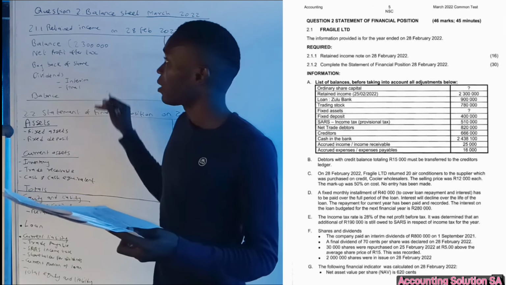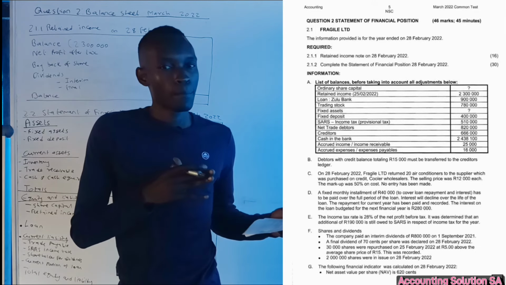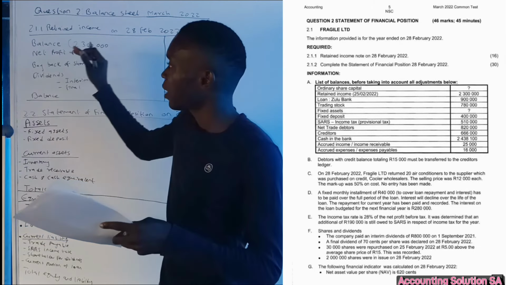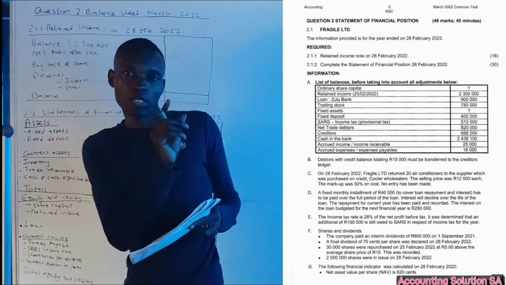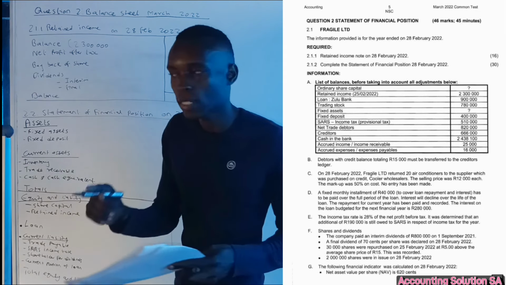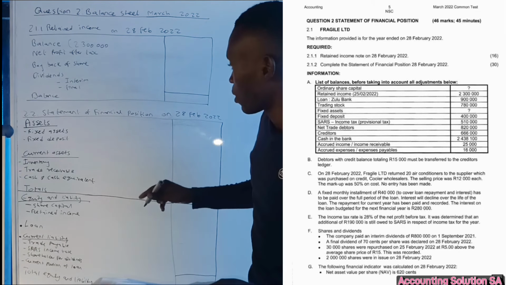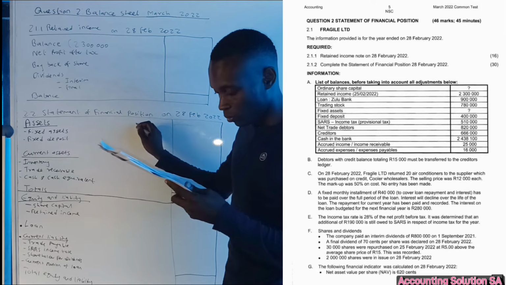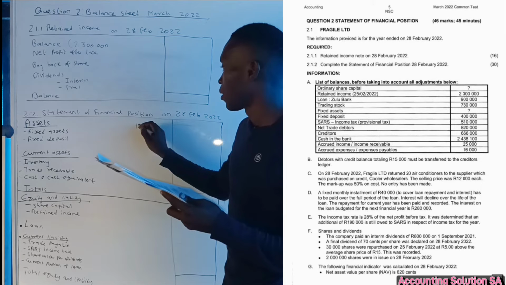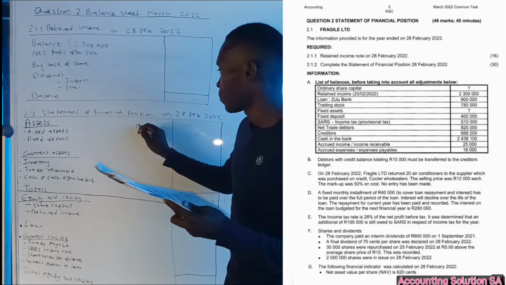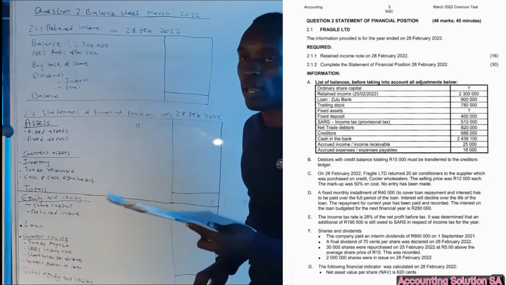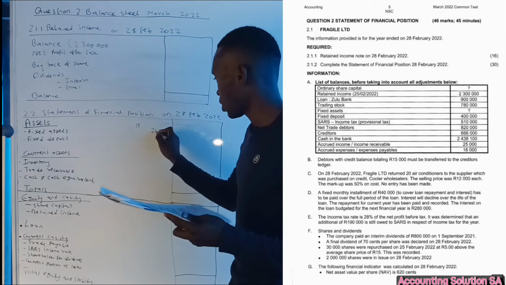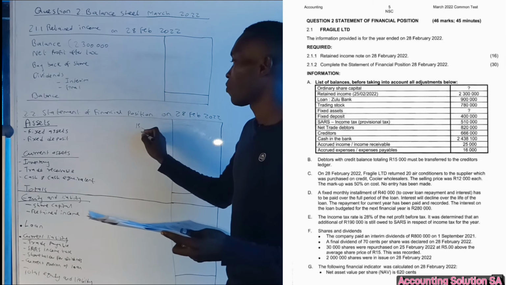Remember, under retained income we don't record the average price. The average price we record under the ordinary share capital notes. In this case, we only record the loss that we made when we repurchase our shares. For example, the normal price of a share, like in this case, is 15 rand, and we purchased them back at 20 rand, which means we make a loss of 5 rand.